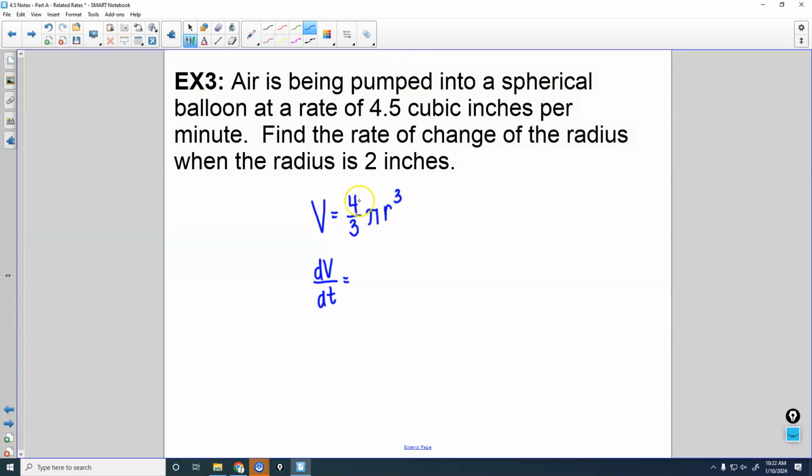We are multiplying 4/3 pi times 3. And when we do that, 4/3 times pi times 3, this is over 1, this is over 1, that 3 cancels with that 3. We're just going to get 4 pi. And then we subtract 1 from our exponent, so we get r squared. And I just took the derivative of an r, which means I need a dr/dt with that.